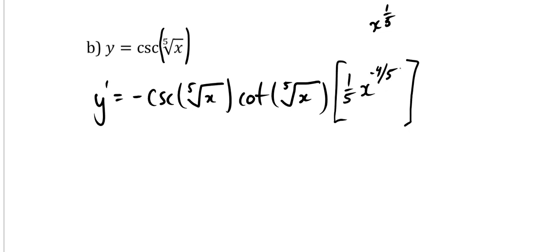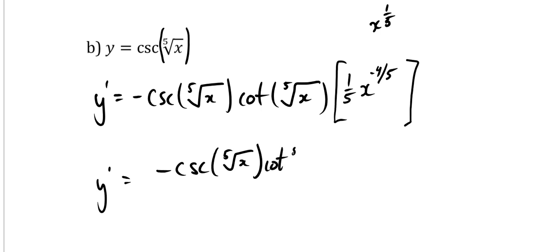And again, that's a negative exponent, so that's got to be tidied up. And I'll take the 1/5 out front, although the 5 is going to end up on the bottom. So it's going to be negative cosecant 5th root of x cotan 5th root of x.